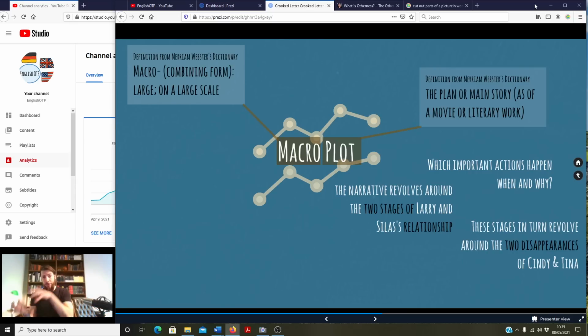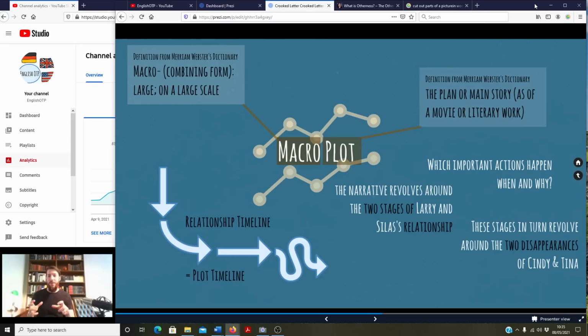We have the first stage of Silas and Larry's friendship and the second stage, the first disappearance of Cindy and the second disappearance of Tina. So to understand the plot on a general level, this is what we'll be looking at. We can say that the relationship timeline of Larry and Silas equals the plot timeline.